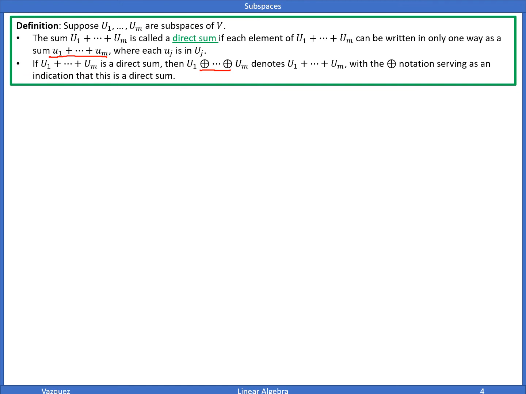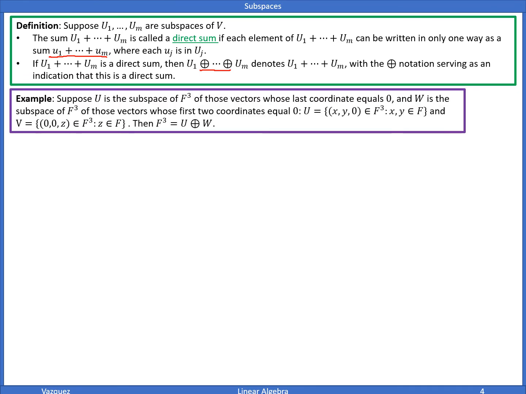That denotes the direct sum. If you need to, go ahead and read that definition a couple more times. You may be thinking, when is something a direct sum, and when is it not? So we're just going to look at a few examples.